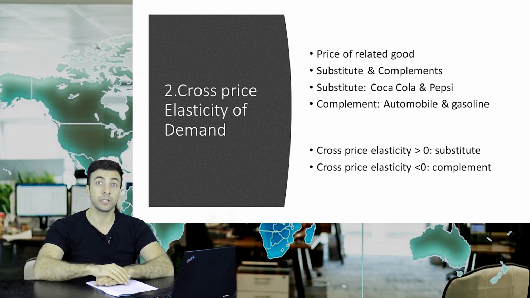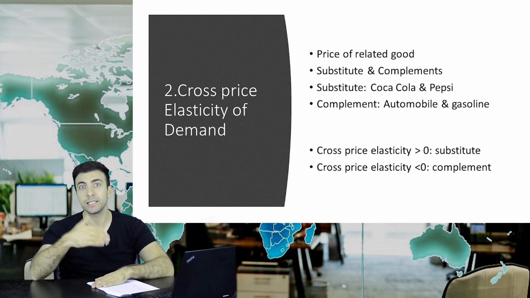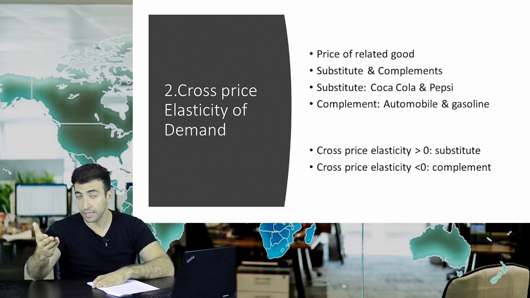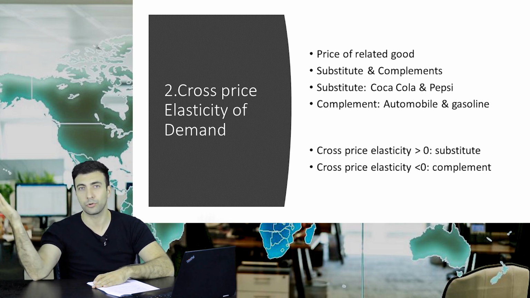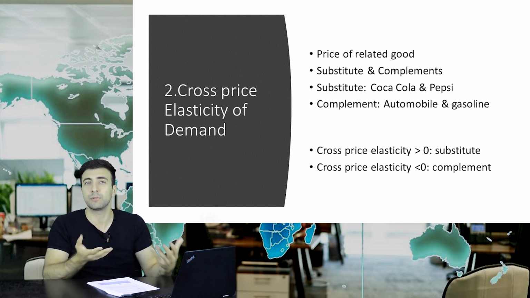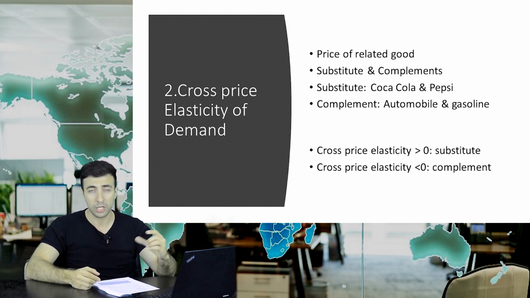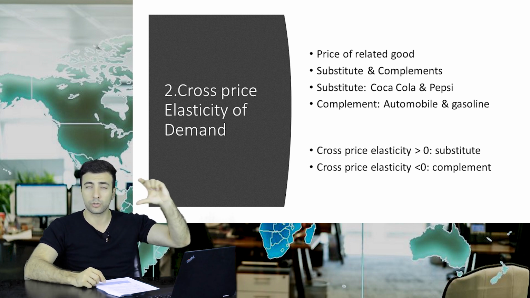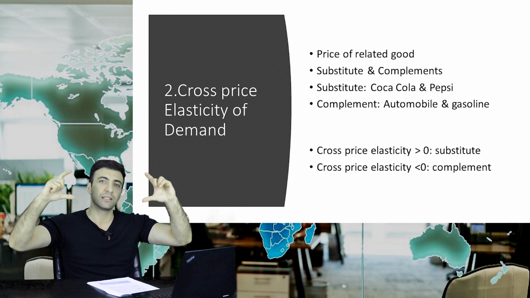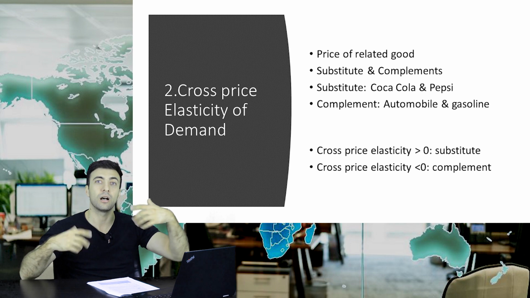Now let's explain the complement goods. Just imagine the price of motorcycles increases dramatically. What does it mean? It means that fewer people will buy motorcycles. Fewer people buying motorcycles means that the demand for helmets will decrease because helmets are used while you're driving a motorcycle. So in complement goods, an increase in the price of one good results in a decrease in quantity demanded of the other good.